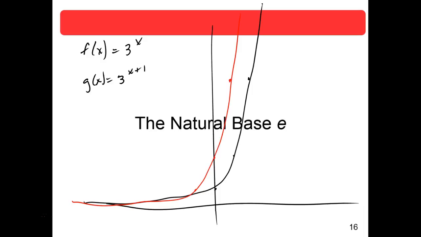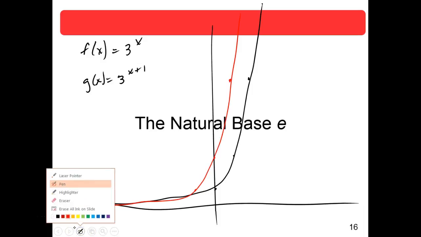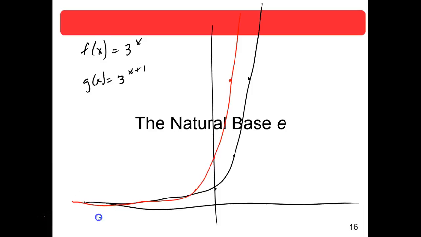Now, h of x, what color you want that to be? Blue. Light or dark? Dark. H of x is equal to 3 to the x minus 2.